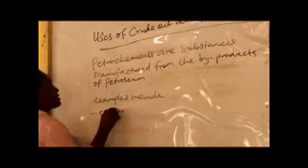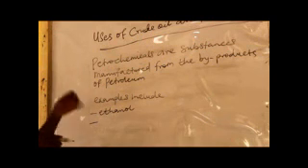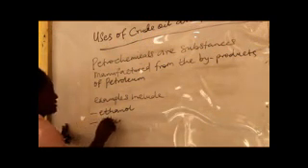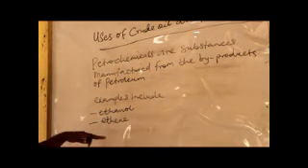I will just tell you the uses of the ones that are important. Then ethene, which is a very good raw material in producing plastics and waterproof material.